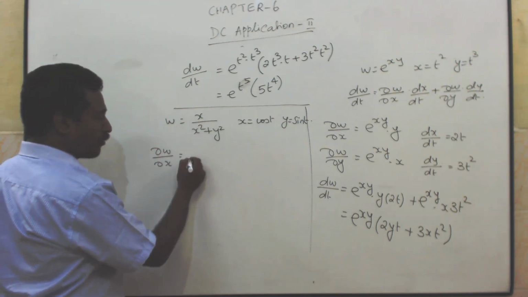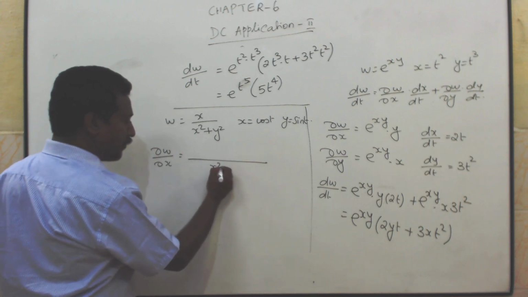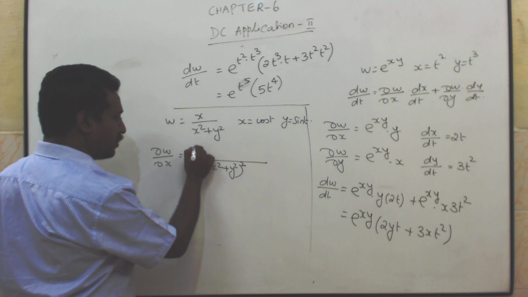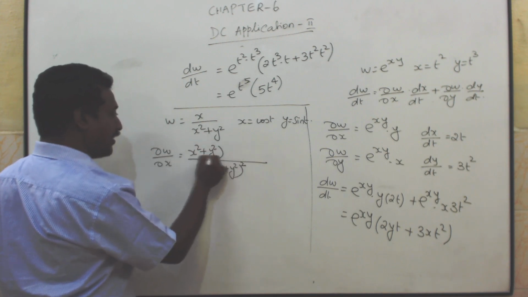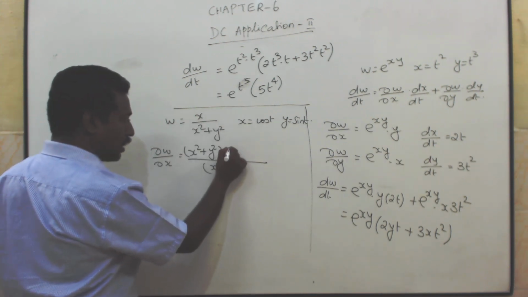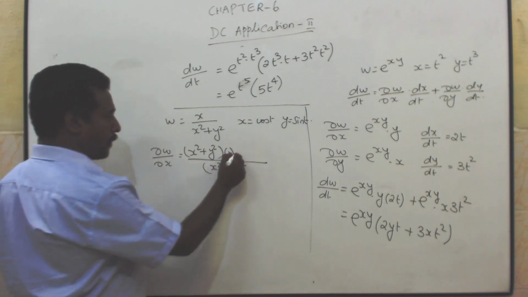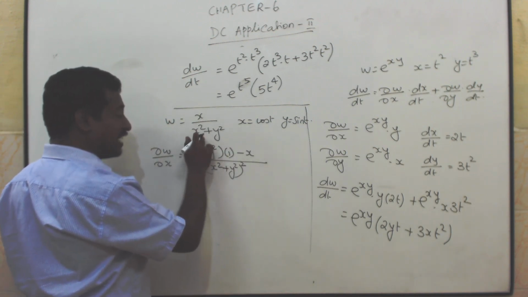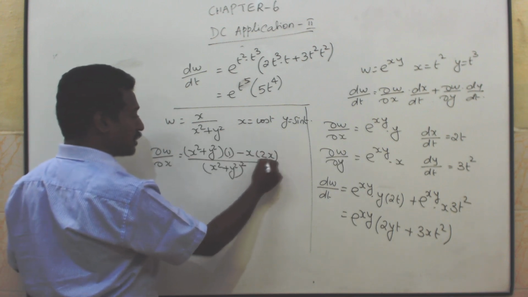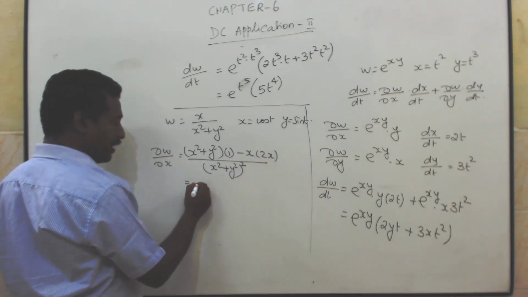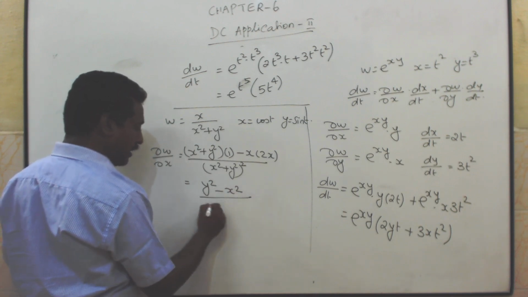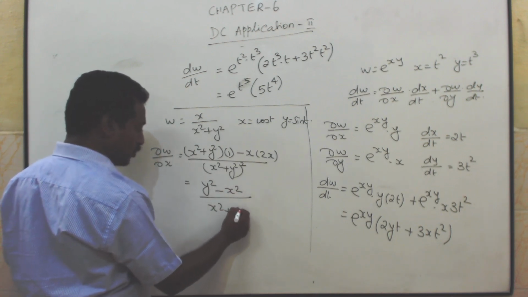This is in the form of u by v square. v into differentiation of u, x is 1, minus u into differentiation of v, x square differentiation is 2x. When we multiply and simplify, we will get y square minus x square by x square plus y square of whole square.